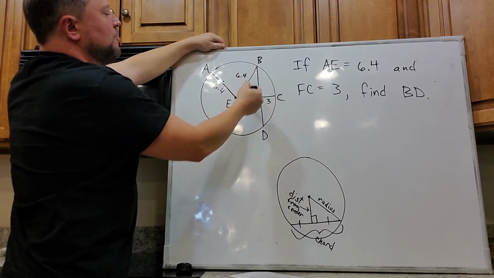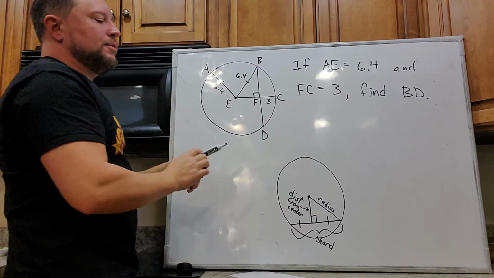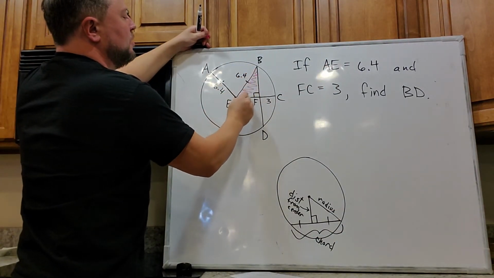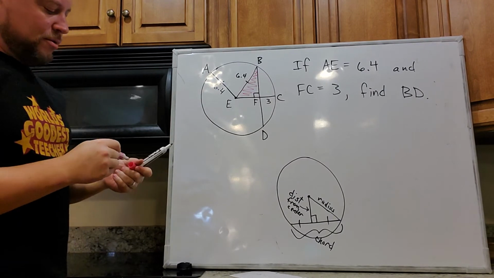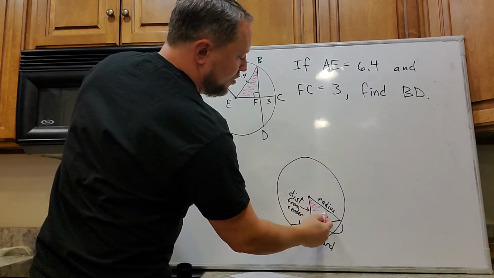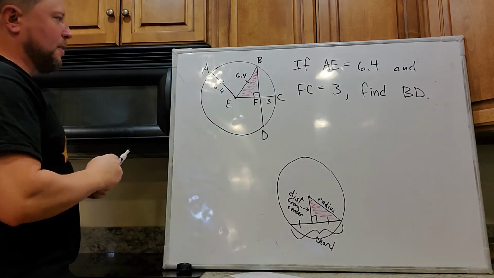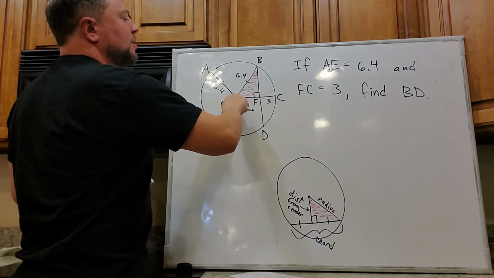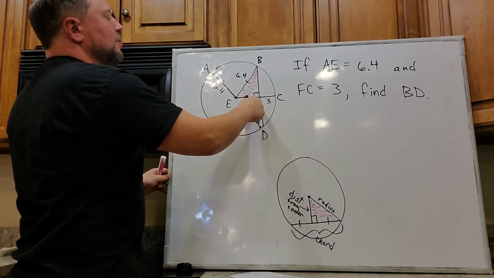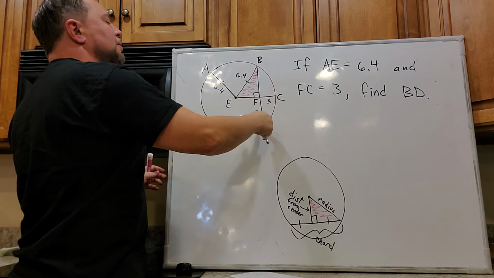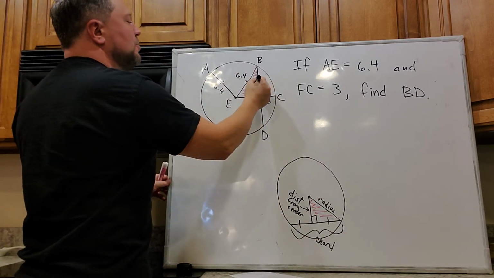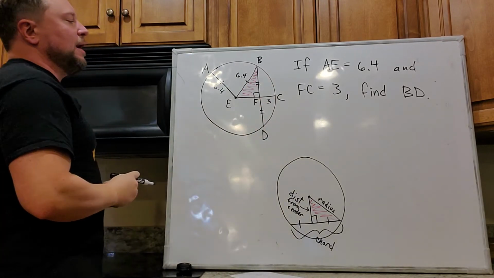So this is still going to be 6.4, and notice that when I swing it to there, it then finally caps off the little right triangle, just like we had down here. There's our little right triangle in that one. Okay, and then remember, anytime a segment from the center of the circle intercepts a chord at a right angle, it then bisects it. It cuts it into 2 equal halves. So those are going to match there.